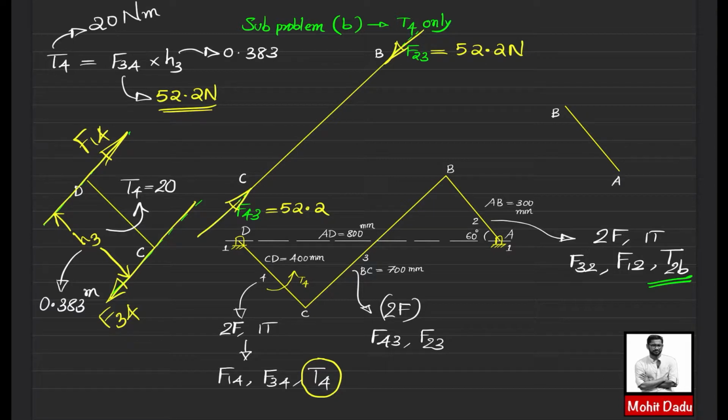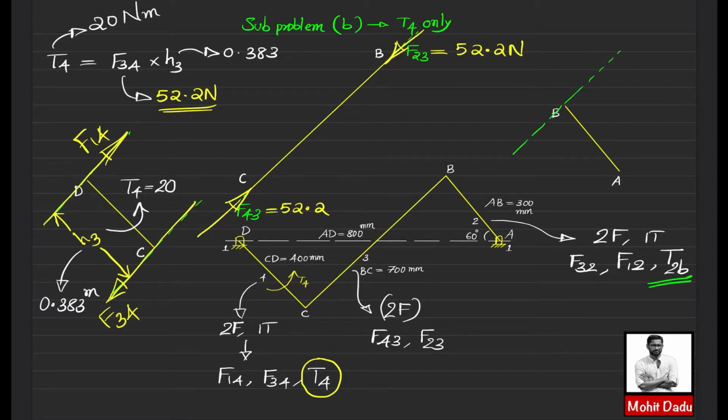So now I can construct the free body diagram of the last link, which is actually the last step in this problem. So now you can consider link number 2 where the external forces are F32. Since F32 and F23 are like action and reaction, their line of action should be the same. So you can construct the line of action of F23, which is parallel to F32.